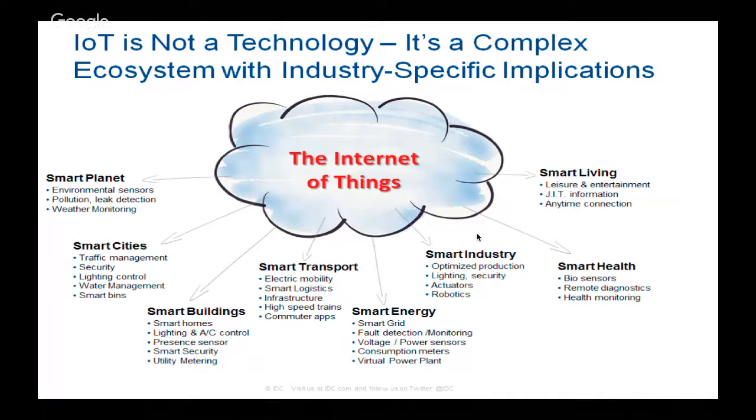robotics is there, smart living for leisure and entertainment, smart health, things like we just saw in one of the examples, the biosensors, the health monitoring systems, the remote diagnostic, right? Imagine a doctor sitting in a different continent and monitoring you and even operating on you at times.